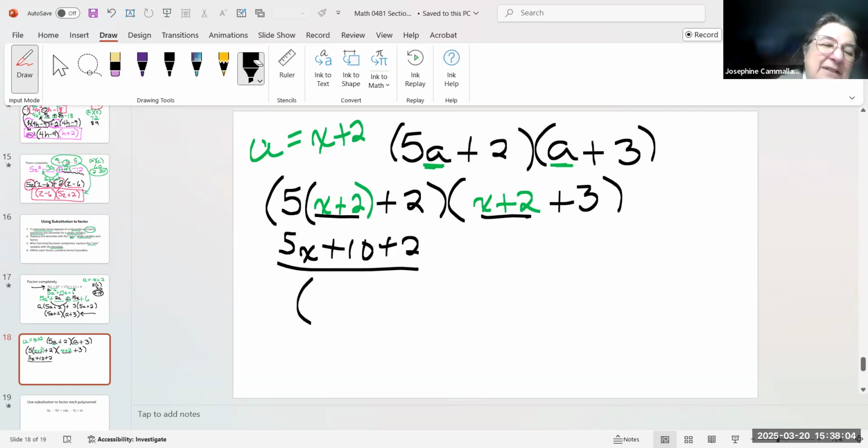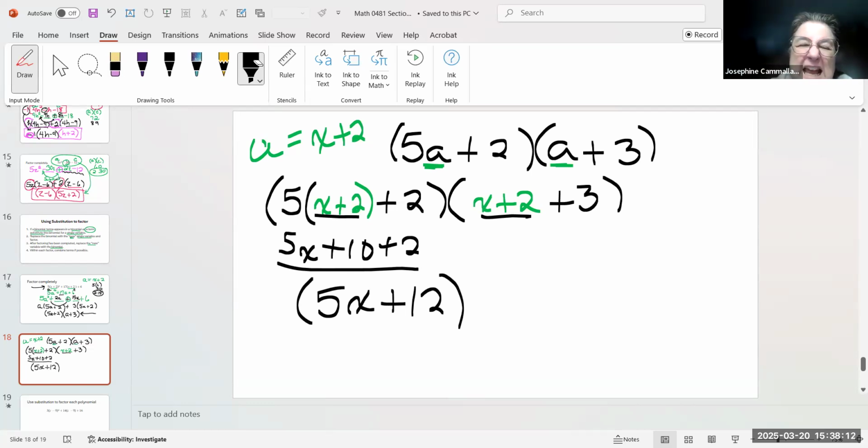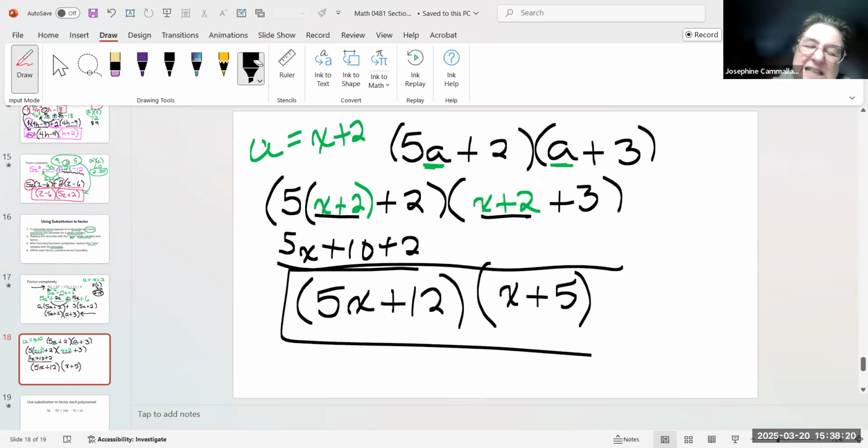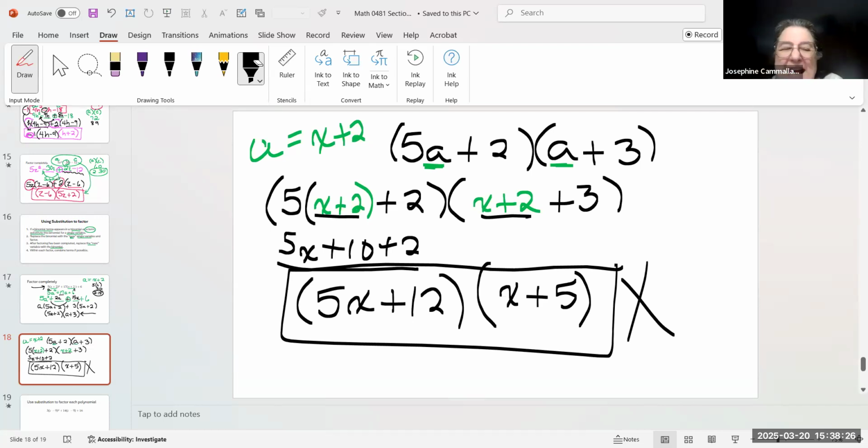That means that my factor is 5x plus 12. And this one is going to give me x plus 5. This is my answer. I've got to go back to the x's.